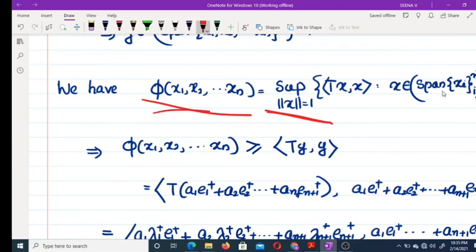Therefore, this is always greater than or equal to inner product of Tx with x for every x in the span of x1, x2, etc., xn, with norm of x equal to 1.